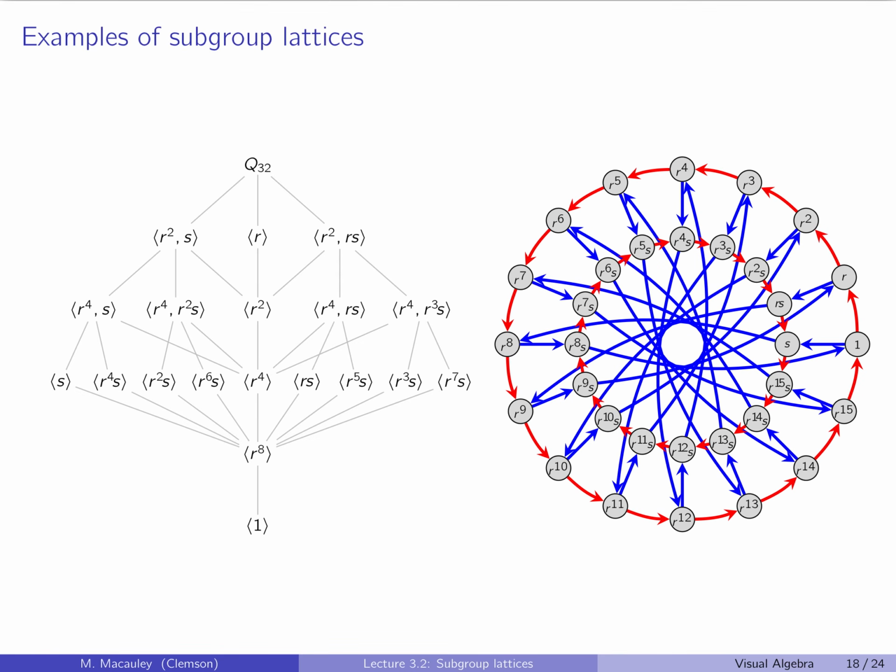Here is the subgroup lattice of another generalized quaternion group, this time Q32. Doesn't it look kind of like the other one? In fact, what does this remind you of? If you take the subgroup lattice, or the motif above here, that's actually the dihedral group D8 that we saw earlier.